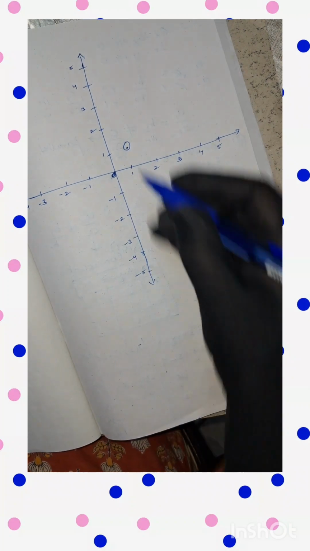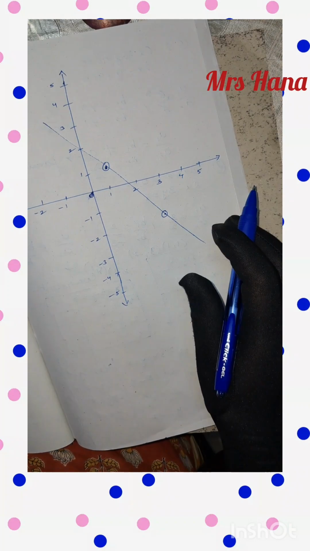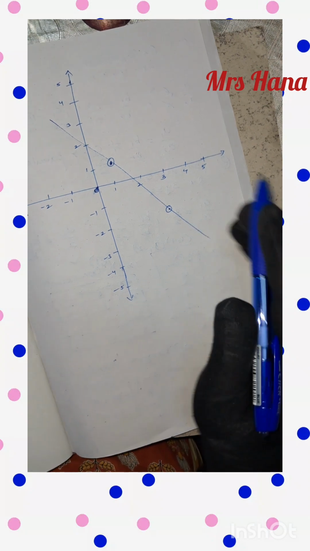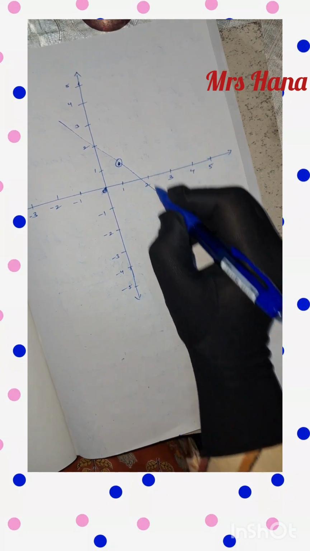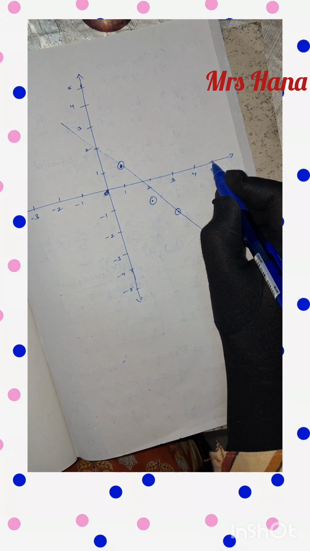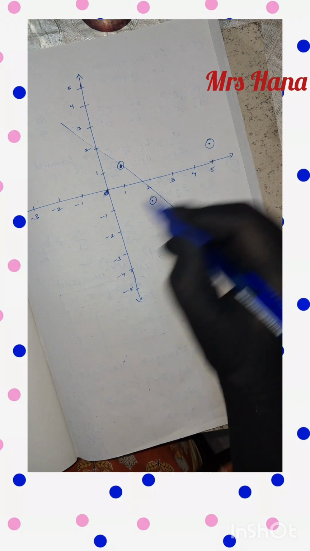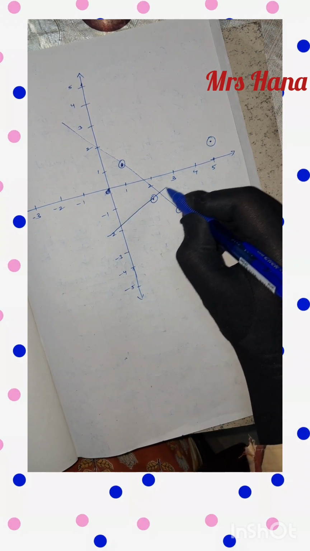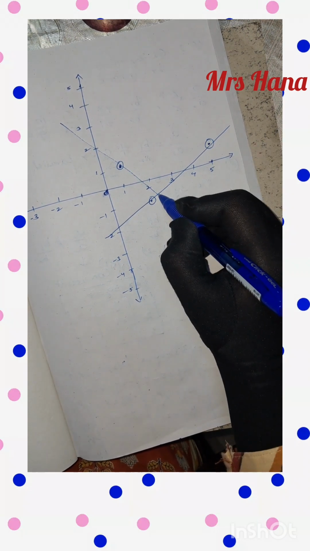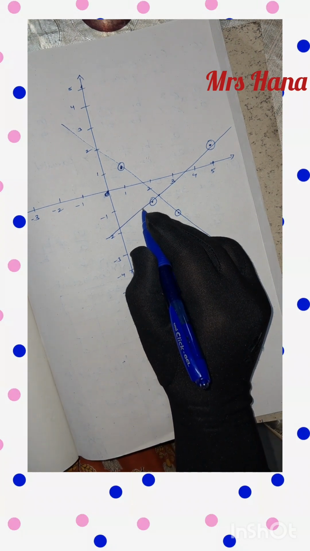So this is one line if I join them. Next are 2 comma minus 1 and 5 comma 1, with 5 comma 1 here. If I join these two lines, they intersect at one point. So these are intersecting lines.